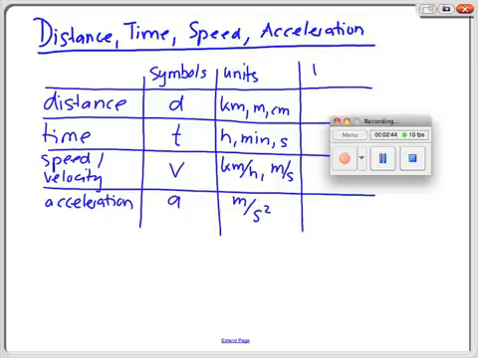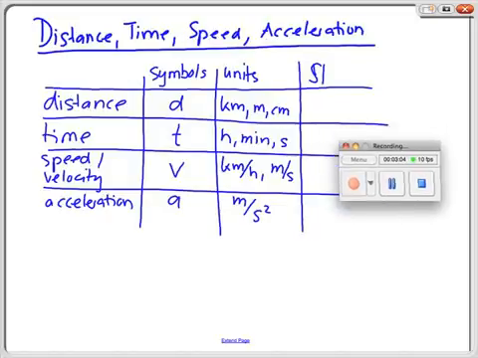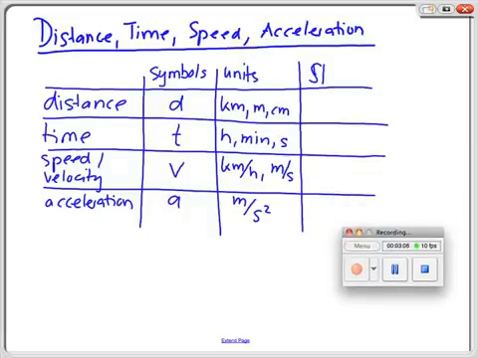There's something known as the SI unit. The SI unit is the Système International, International System unit. These are units that scientists agreed on using all over the globe, and the idea is that it's easier to communicate with each other. So this is how it works. The SI unit for distance in physics would be the meter.